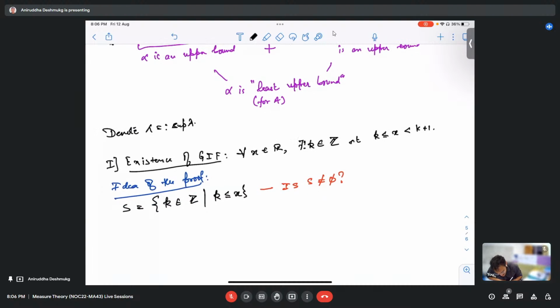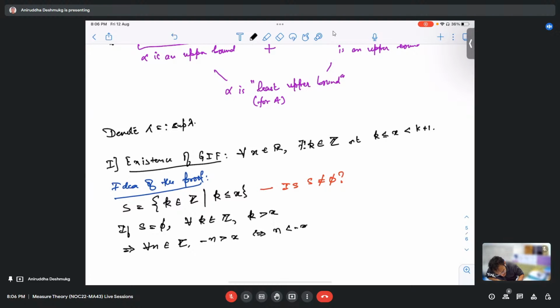Particularly, if S is empty, then what it means is that for every k in Z, k is bigger than x. But that means for every n in Z, minus n is bigger than x, which is same as saying n is less than minus x.